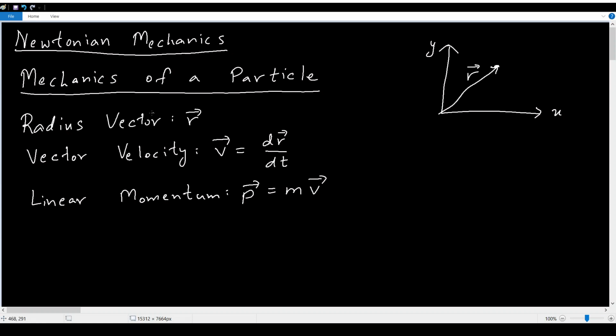Now, having defined some basic physical quantities, we can define the equation of motion governing the motion of the particle. And the equation of motion is actually given by Newton's second law.